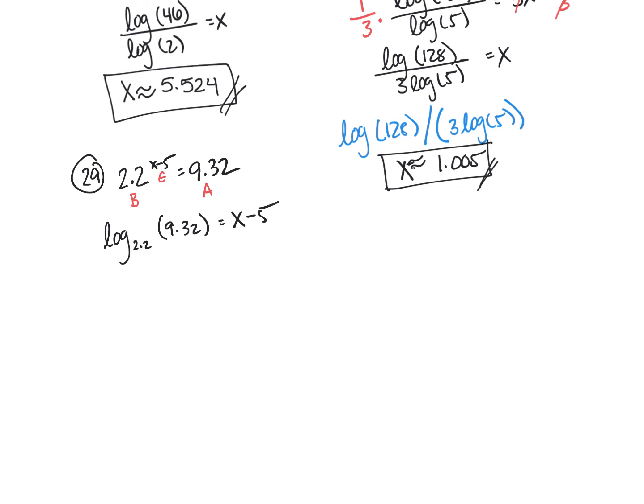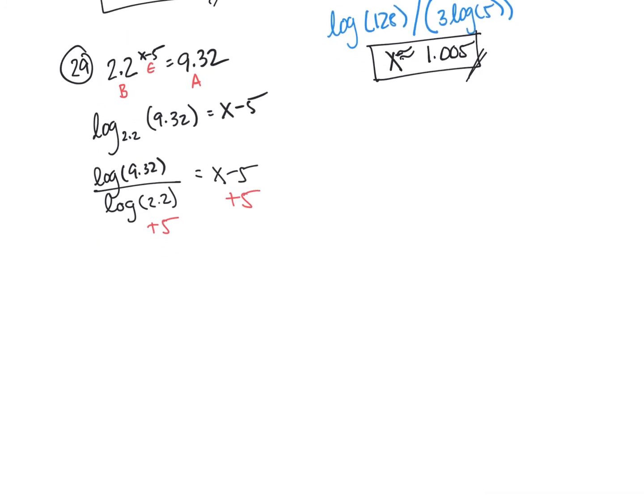From here, we will use our change of base rule and have log of 9.32 divided by log of 2.2 is equal to x minus 5. Now to get x by itself, I'm going to have to add 5 to both sides.